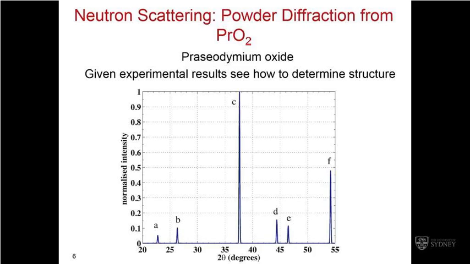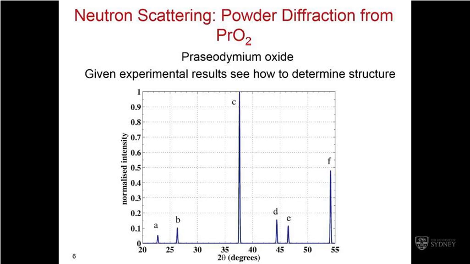So you've got the intensity of your peaks, plotted as a function of 2 theta. So you've got little peak A, B, big one C. Not only the angular position of these features is important, but also the intensity, and we'll see that shortly.